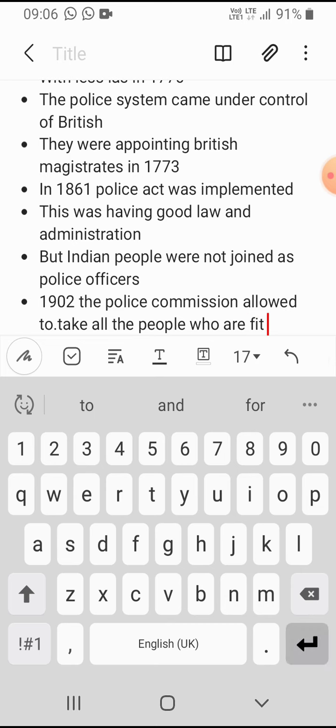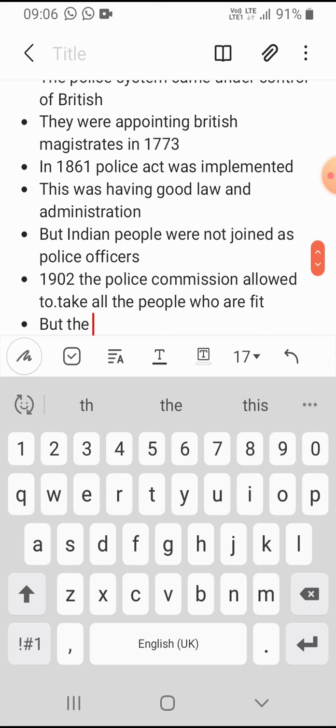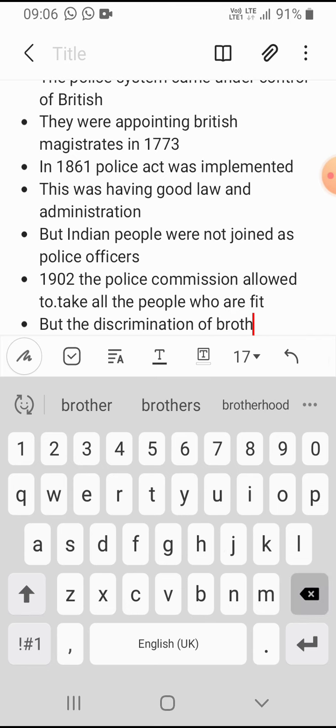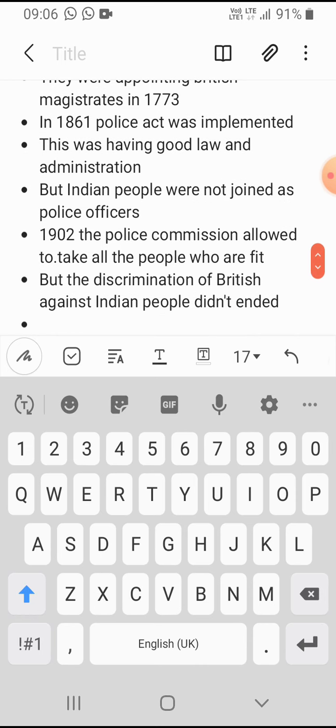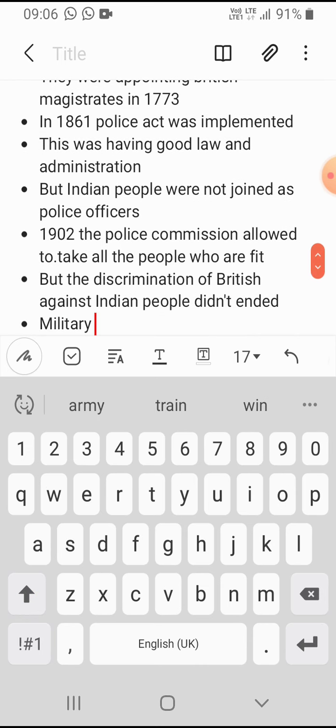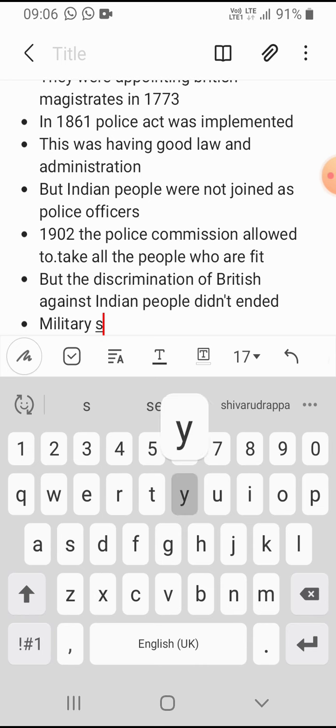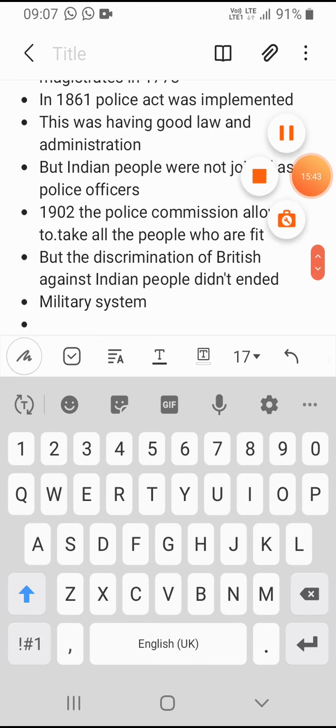But the discrimination of British against Indian people did not end. It still continued. So after this, let's come to the military system. How was the military system?